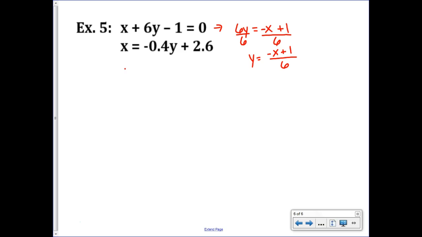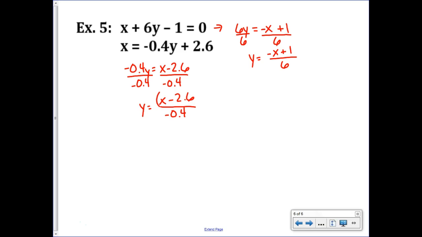On this one, same thing. -0.4y = x - 2.6. I'm going to divide by -0.4. y =, and you can just leave this as (x - 2.6)/(-0.4). If you want to take that negative out of there, you can. But both of those you'll plug in.